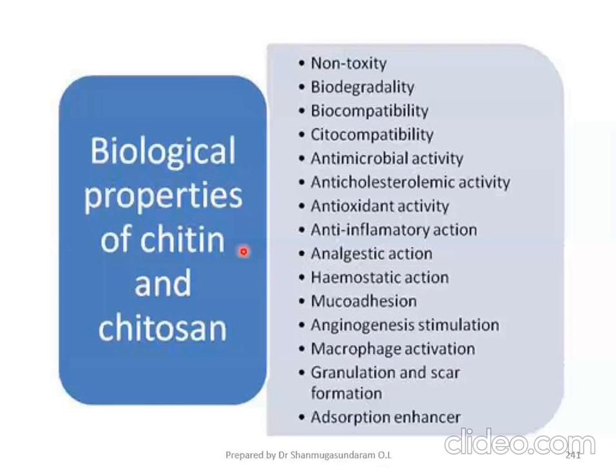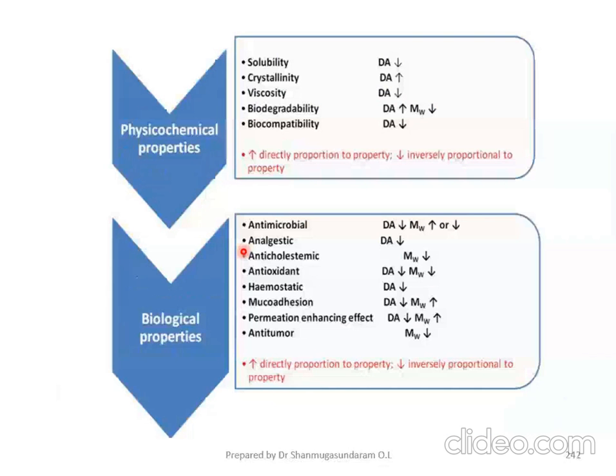So please look at the slide. This slide shows your physicochemical properties. The solubility, as I told you in the beginning, depends upon the degree of deacetylation, that is, how much acetyl group has been removed.